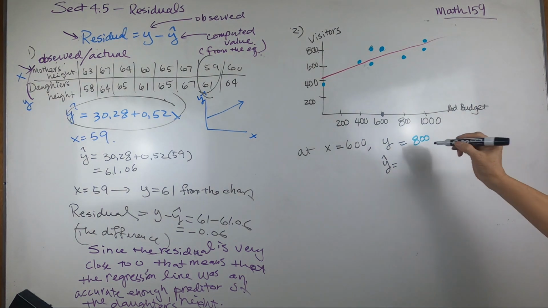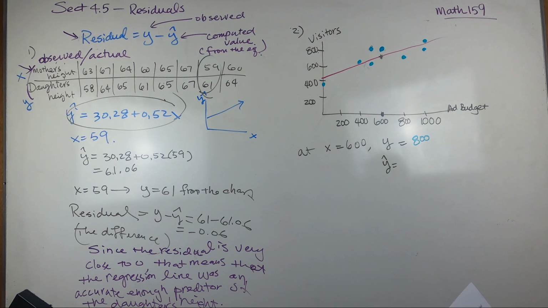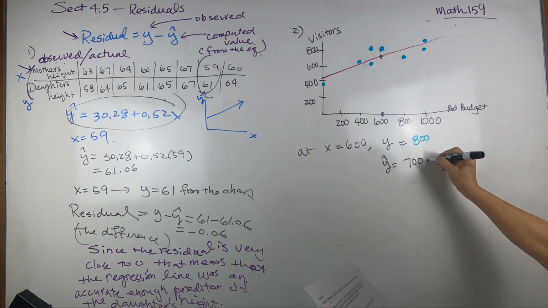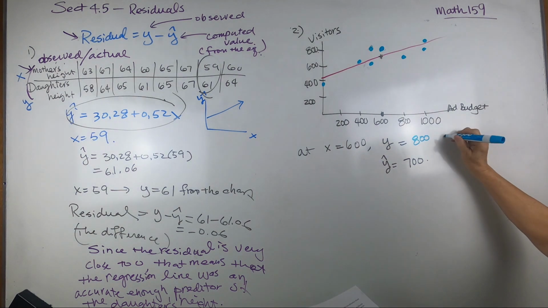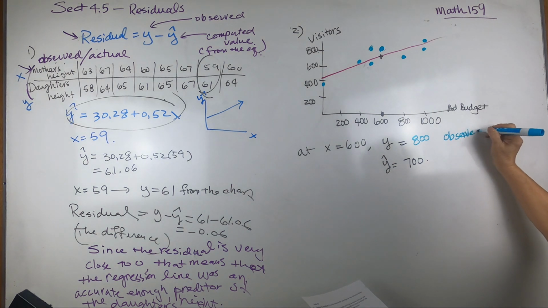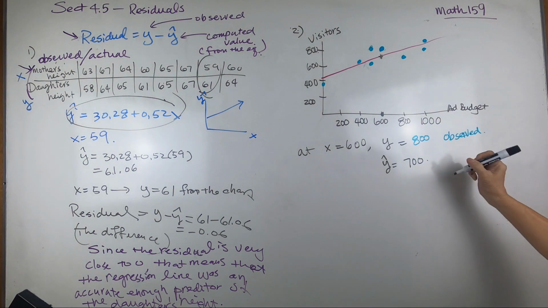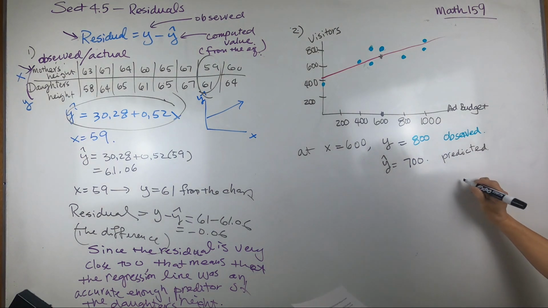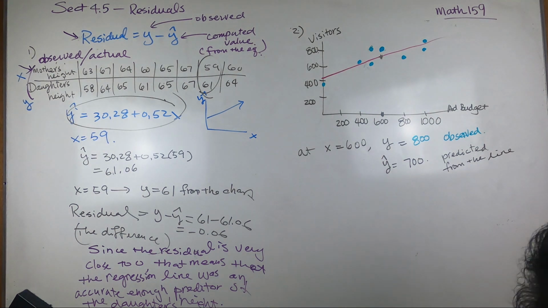Then y hat should be this point on the line. If you look at your graph, y hat is 700. So this is the observed, and y hat on the line is the predicted value from the line.